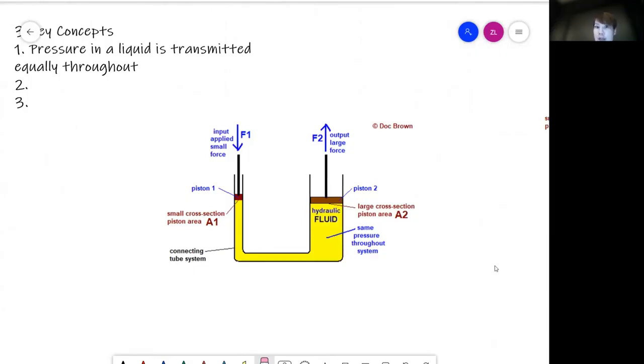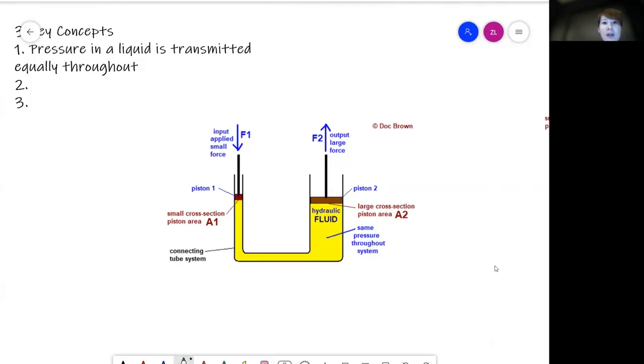So things like car jacks, or even a hydraulic lift system, where a simple system allows just a small force to lift 7 to 8 people through various heights in a building. So therefore, knowing the hydraulic system and how it works is very important because of its daily applications in our life.